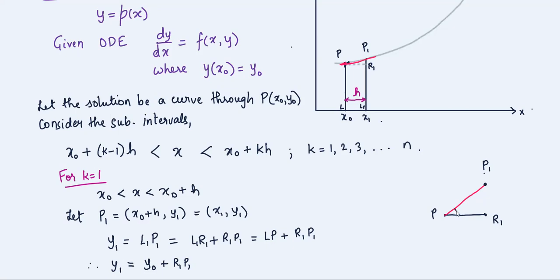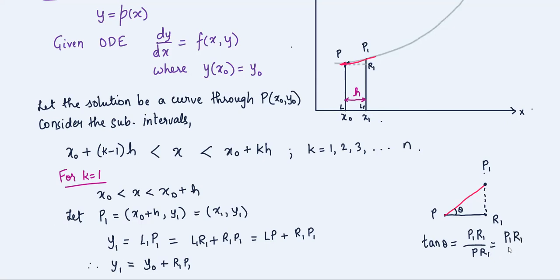Now the tangent at this point makes an angle theta with the x-axis. This line is parallel to the x-axis, so it makes an angle theta with it. So tan theta is P1R1 by PR1. PR1 is this distance, which is equal to the interval width h.